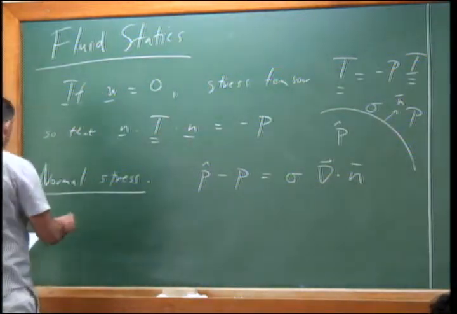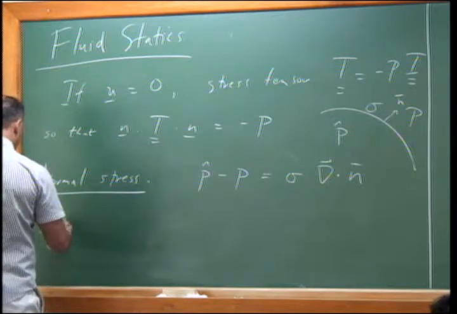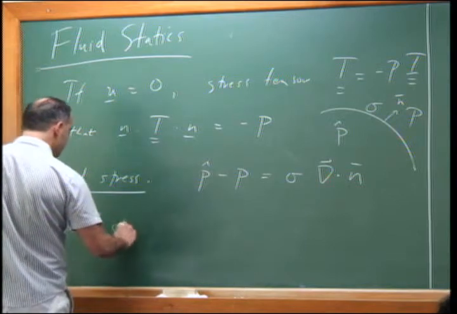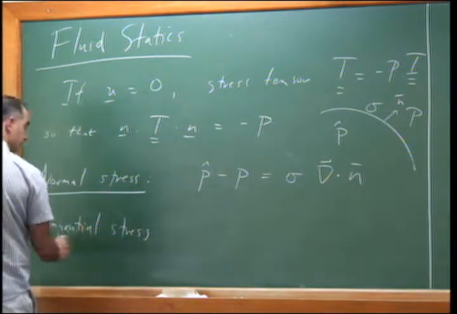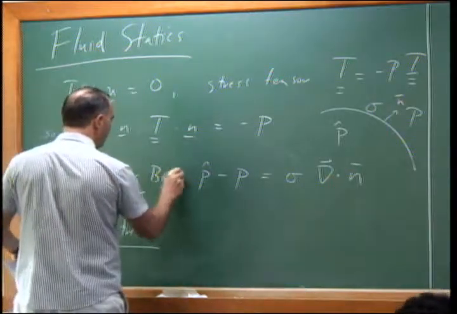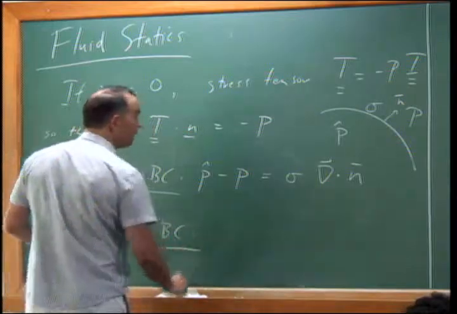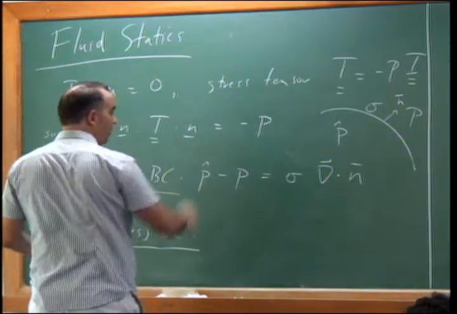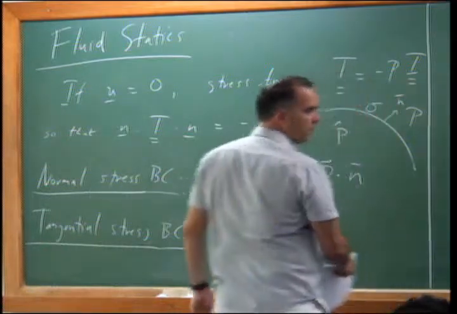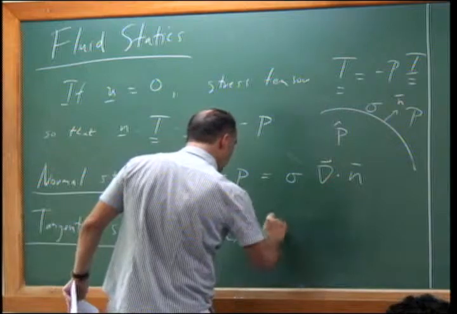The other thing I want to check is the tangential stress. So this is the normal stress boundary condition, and this is the tangential stress boundary condition. If u is 0, then again T takes this form, and n dot T dot S is 0.